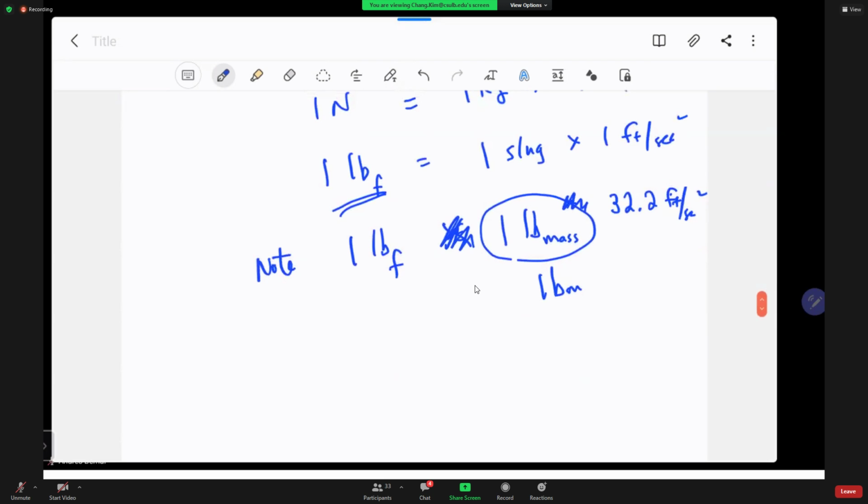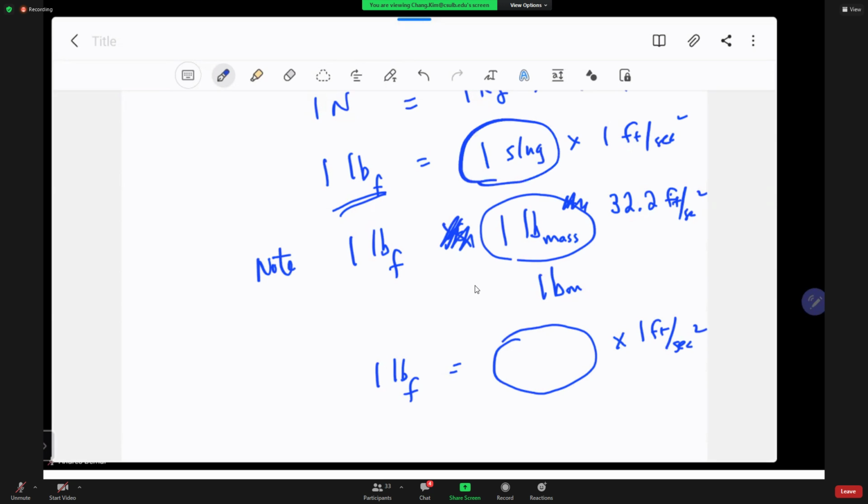The way to understand it is, if you have something that you want to accelerate at 1 foot per second squared, and I want that to be 1 pound force, then one slug accelerating this much captures the 1 pound force.